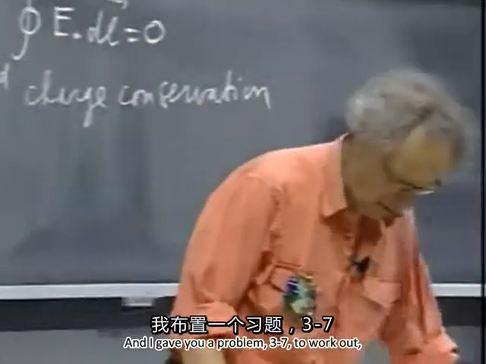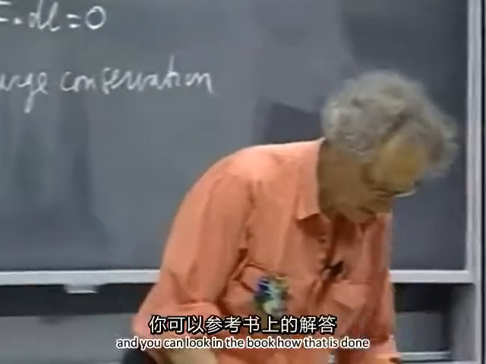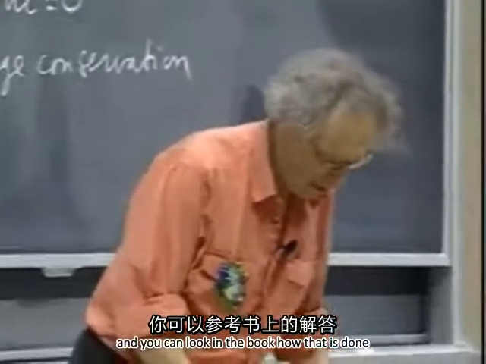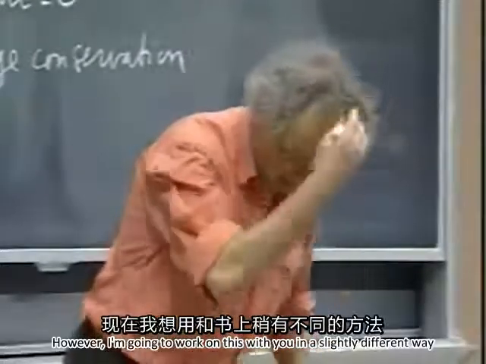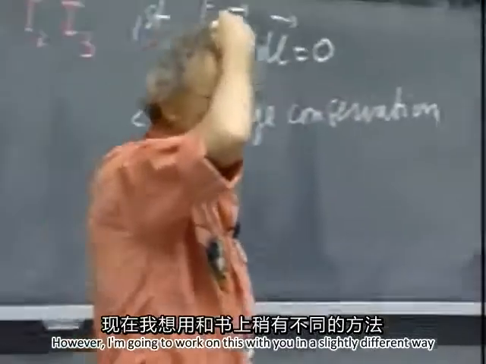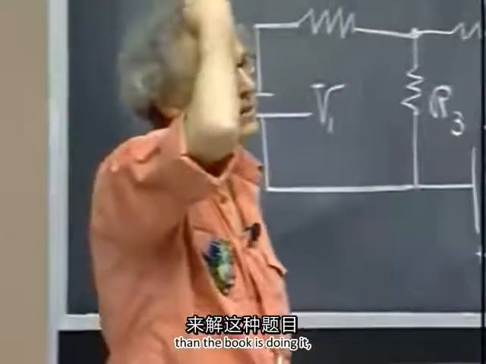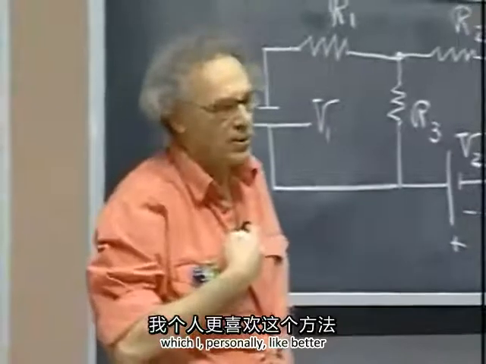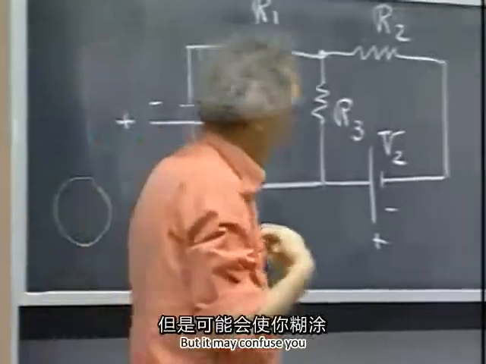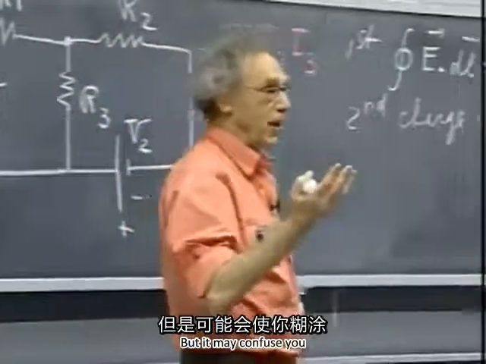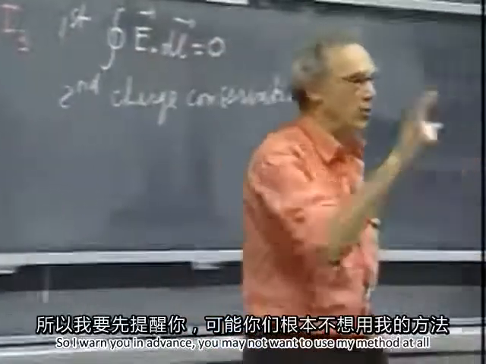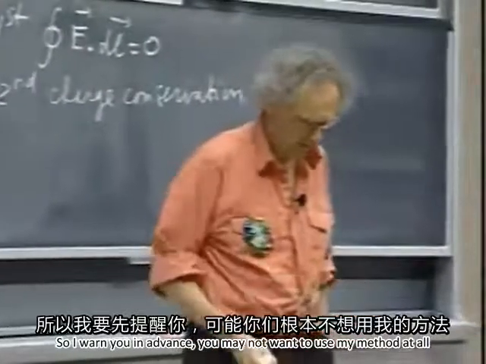And I gave you a problem, 3.7, to work out, and you can look in the book how that is done. However, I'm going to work on this with you in a slightly different way than the book is doing it, which I personally like better. But it may confuse you, so I warn you in advance. You may not want to use my method at all.